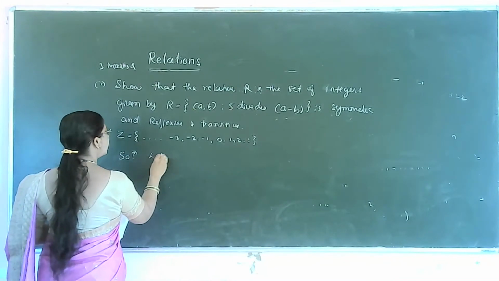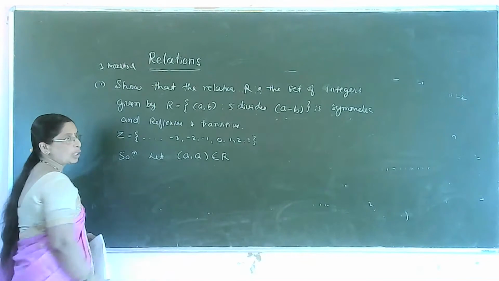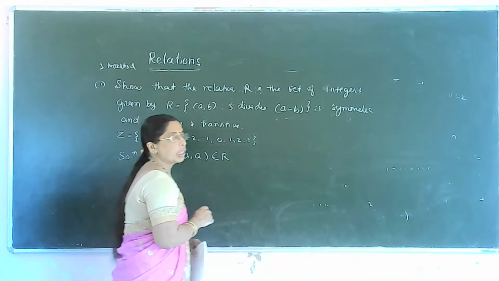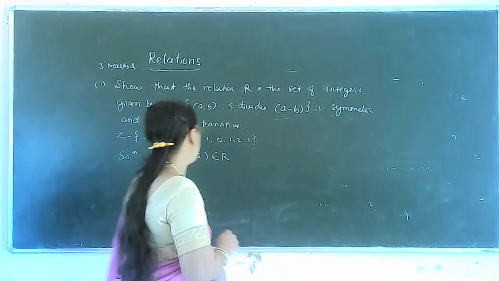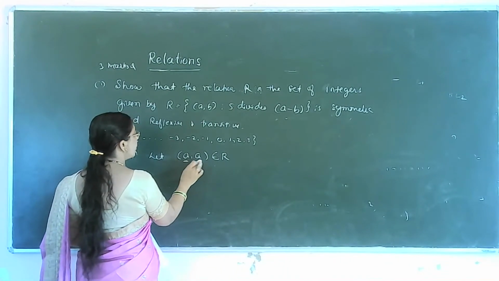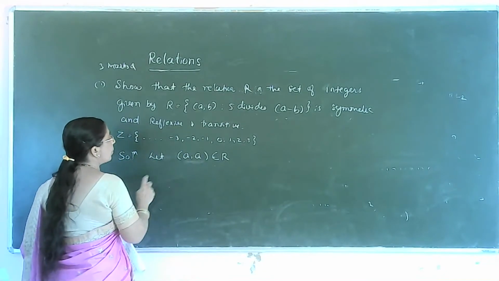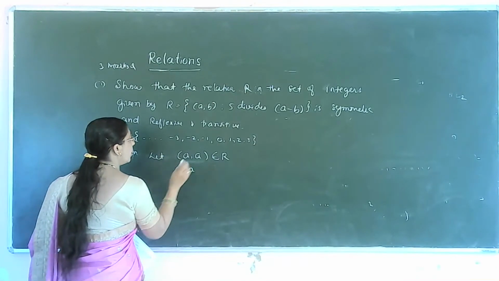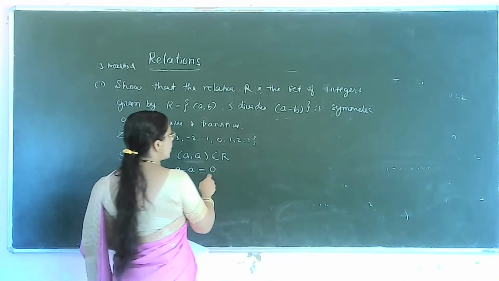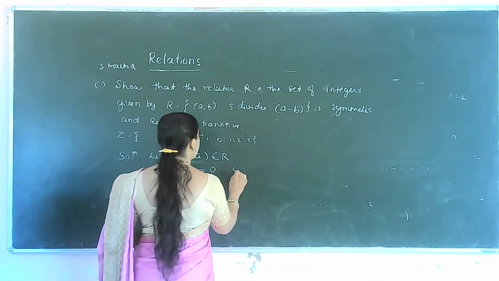Solution. Let a belong to A. (a,a) belongs to R. It's a reflexive element because here image and pre-image are equal. Only when the two are equal is it a reflexive element. Here a minus a is equal to 0, and 5 divides 0.